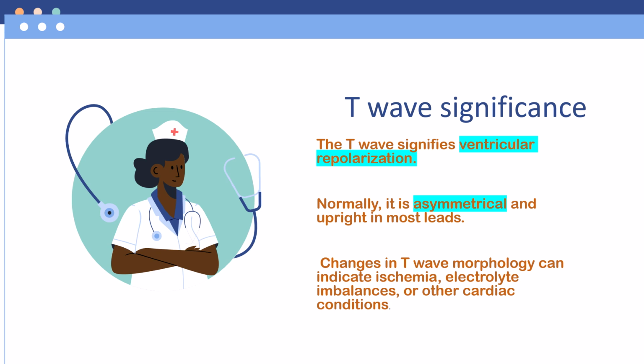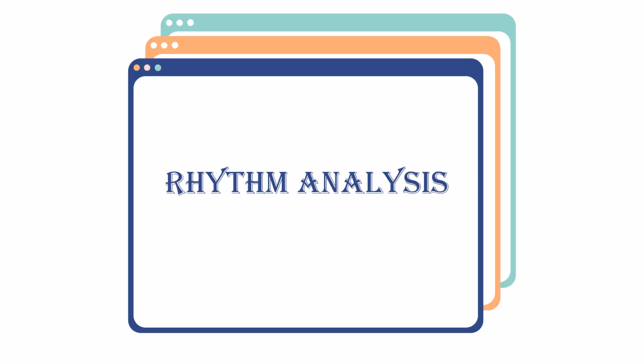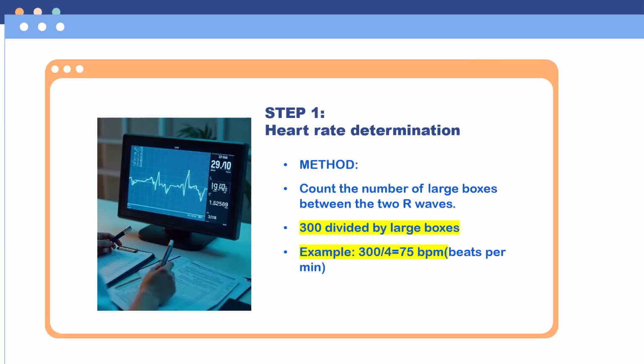It means that your ventricles are not relaxing enough for the next activity to start. Any change in the T wave morphology will tell you ischemia or some sort of electrolyte imbalance like hyperkalemia. A tall or peaked T wave will tell you it is hyperkalemia or other cardiac conditions. Now we move on to the rhythm analysis.